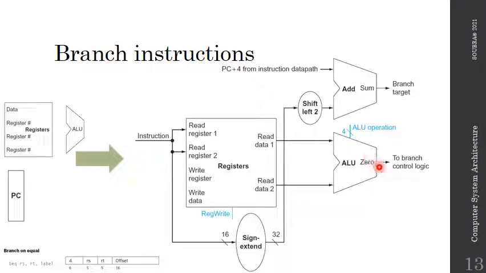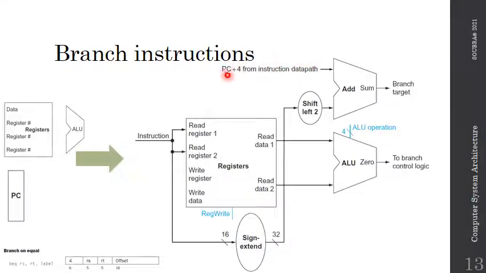But then again, I need to go to the target. So how would I calculate the target? Well, I'll definitely need the offset that I'm getting from here for sure. And I need the actual natural sequential address of the next instruction.